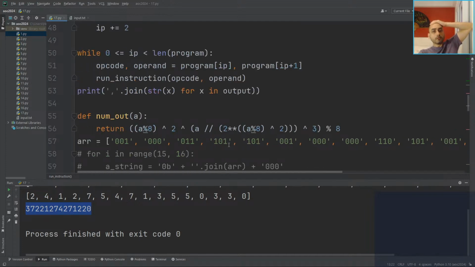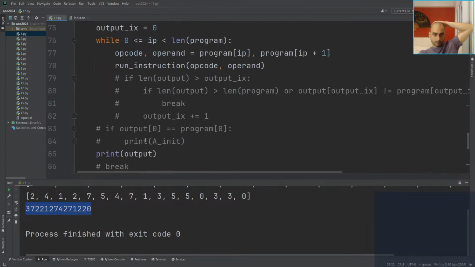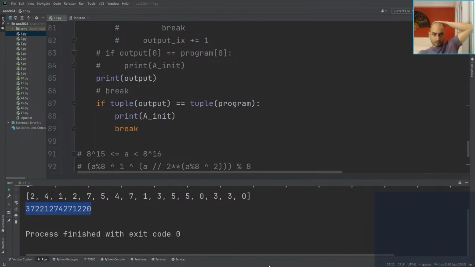Yeah, I don't really see how we can avoid this backtracking bit. All right, no more thinking. Let's just stop there. That's been 2.5 hours.